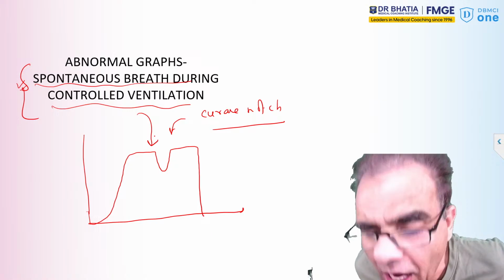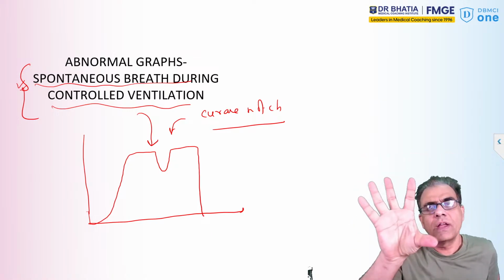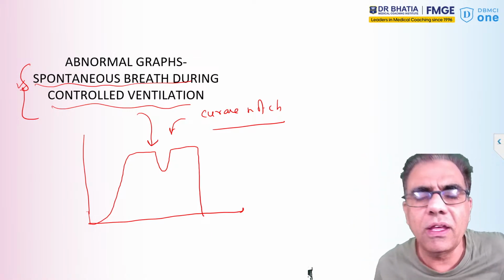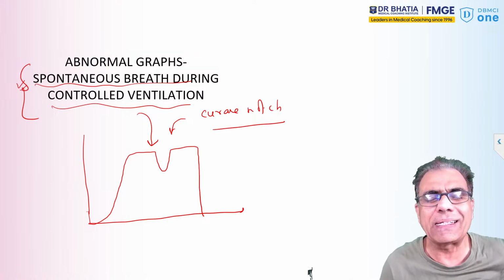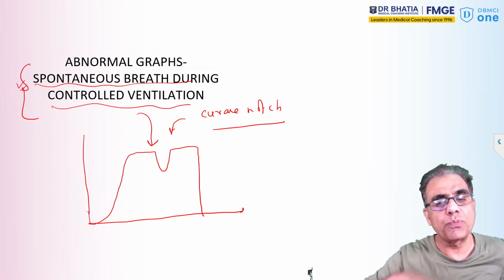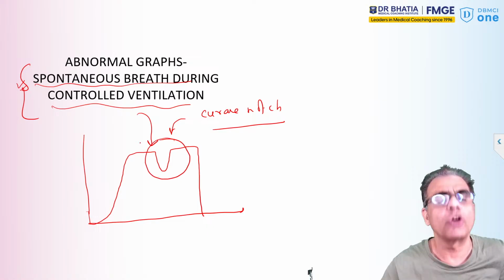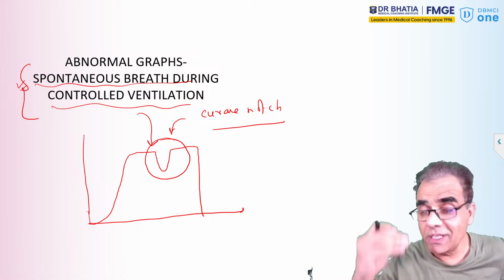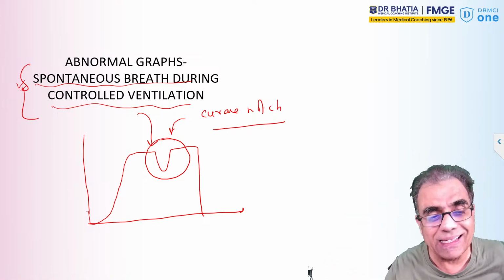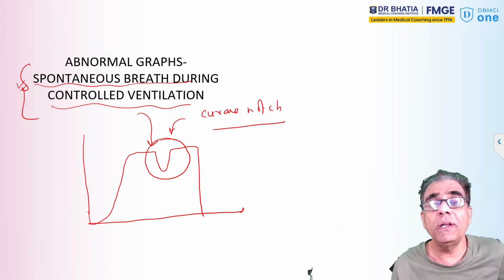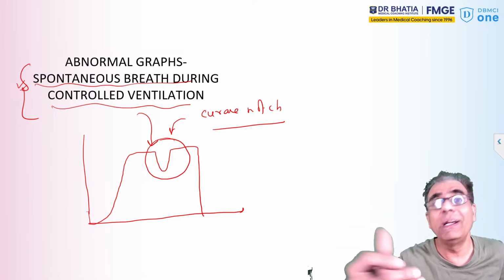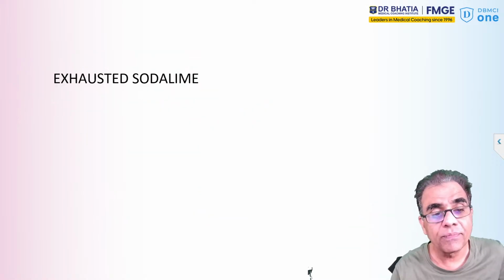I told you we achieve controlled ventilation by giving muscle relaxant. When the effect of muscle relaxant wears off, the patient will try to take a spontaneous breath, which will be represented as a curare notch. So this is common. That means we have to repeat the dose of muscle relaxant. So even when to repeat the dose of muscle relaxant can be decided by capnography.